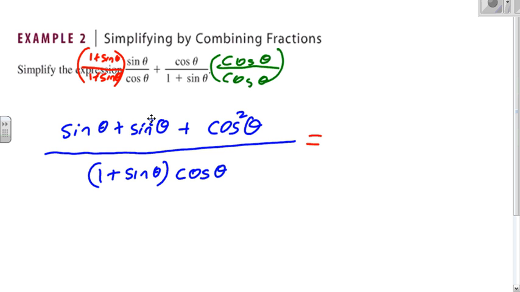In our numerator, we have sine squared plus cosine squared, which from the Pythagorean identities we know is 1, so our numerator simplifies to be sine of theta plus 1 over 1 plus sine of theta times cosine.